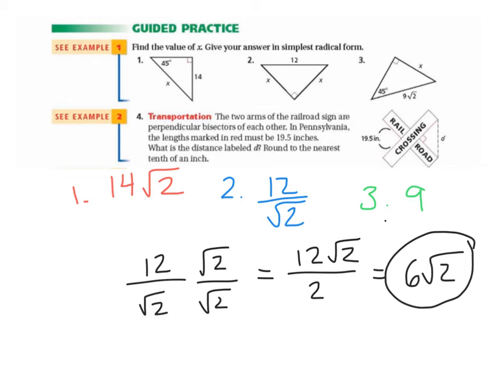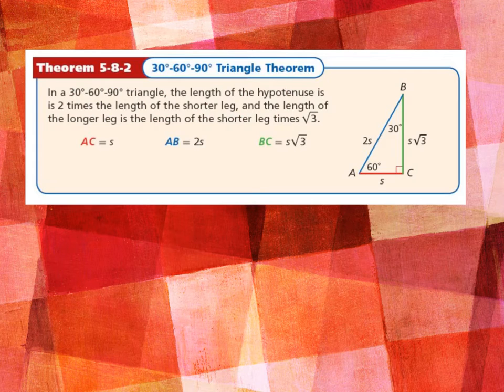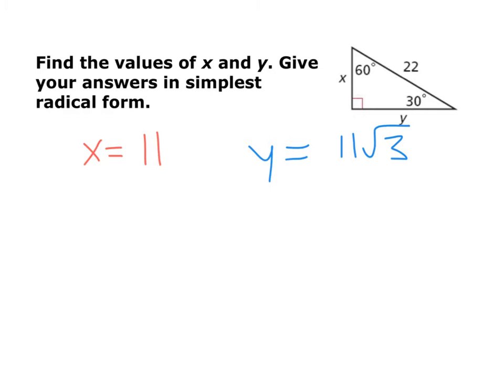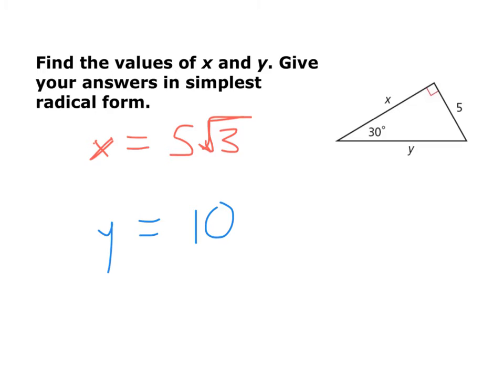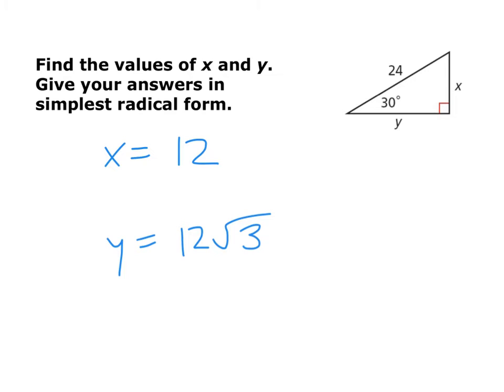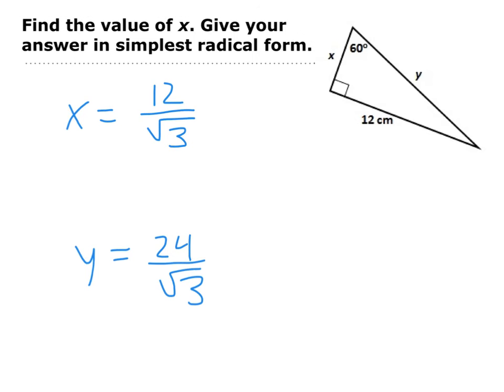Okay, let's look at page 15. So we found x is equal to 12 over square root 3 and y is equal to 24 over square root 3.